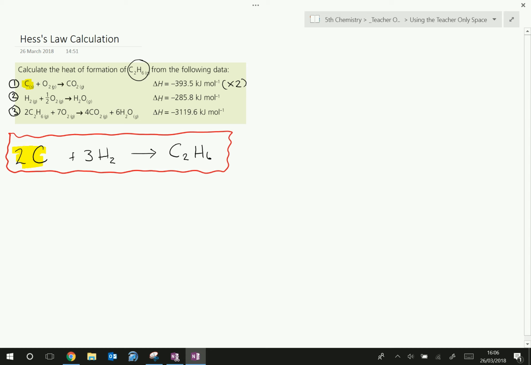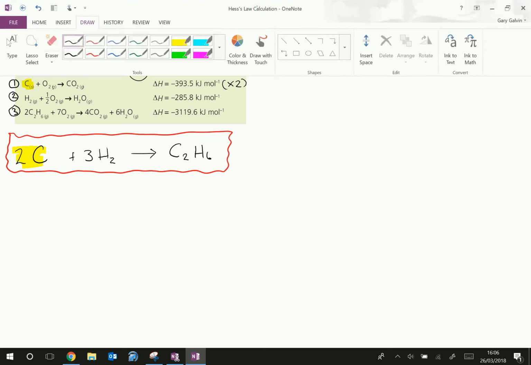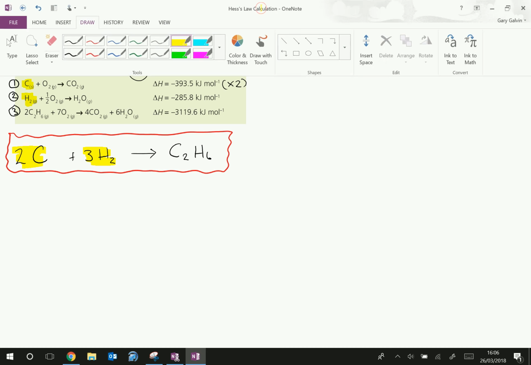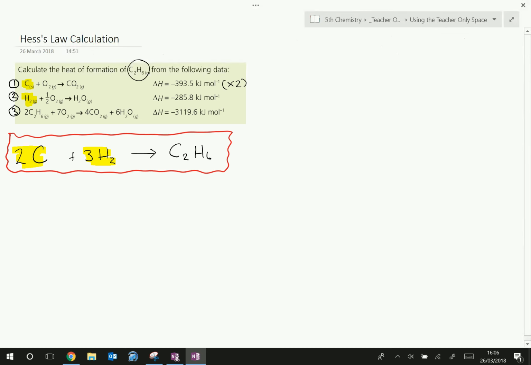Now I can go on to equation 2. So what matches between equation 2 and my main equation? And it's the hydrogen. Hydrogen appears in both. So again, do they appear on the same side of the arrow as each other? The hydrogen in equation 2 appears on the left.